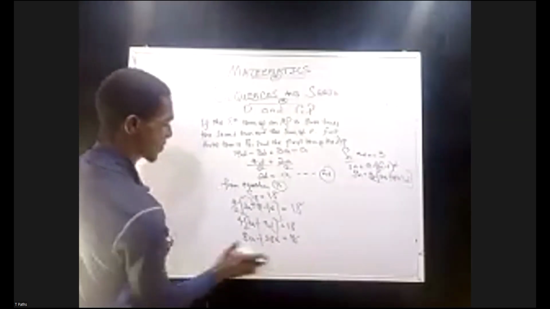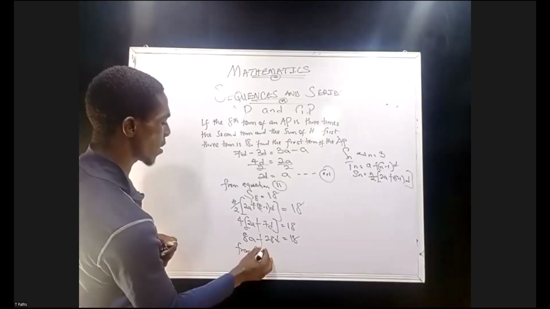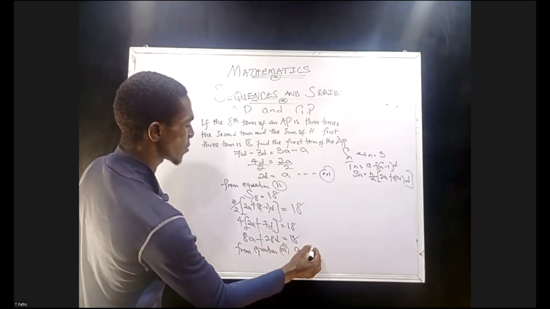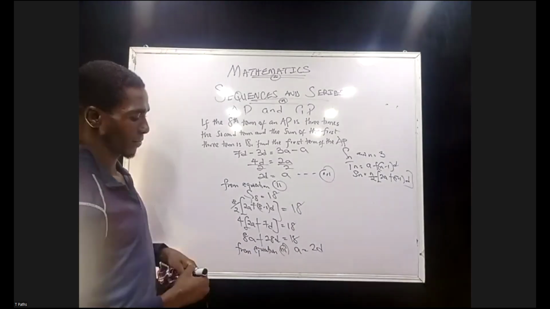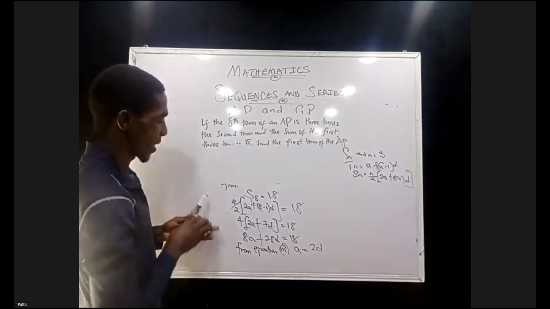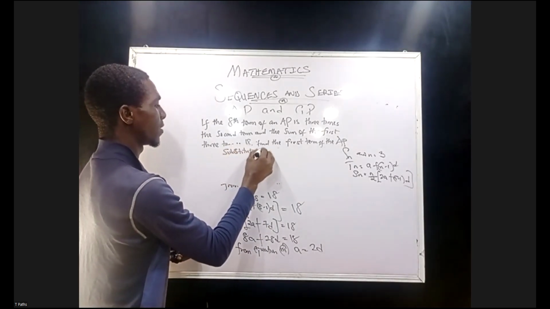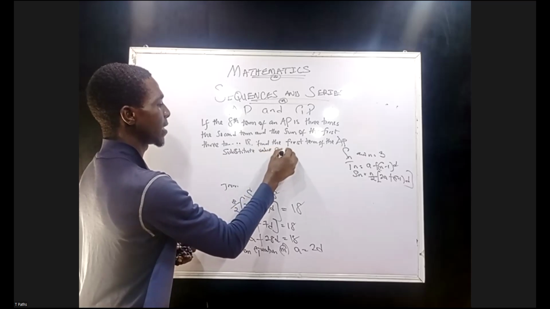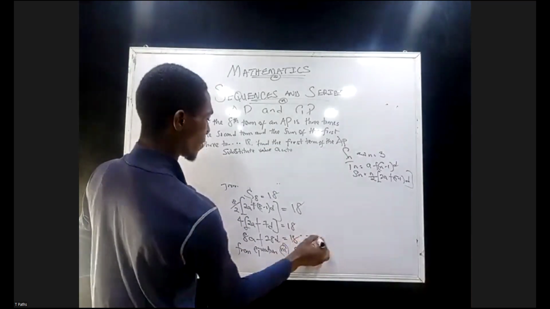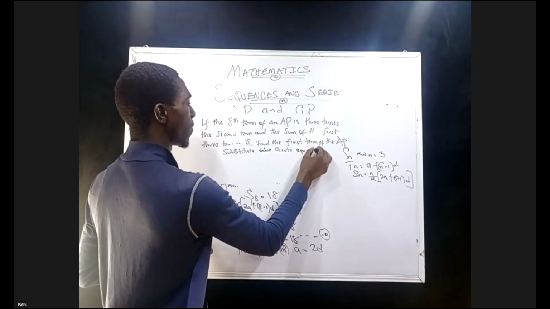Then from equation 3, a equals 2d. So this is where the substitution comes in. Substitute the value of a into, let's call this one equation 4, into equation 4.